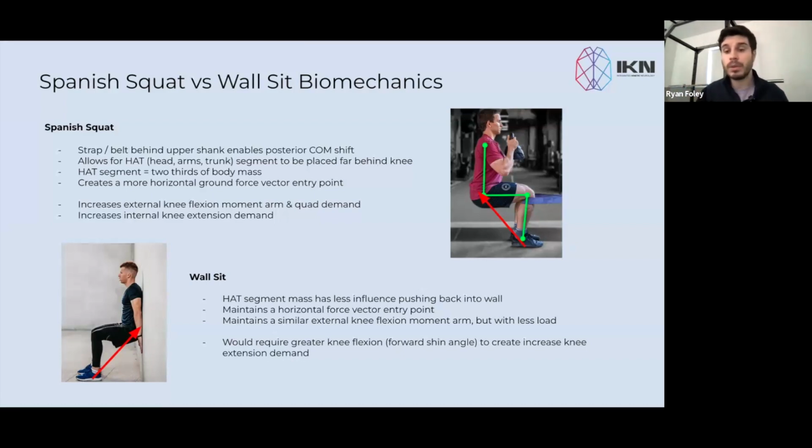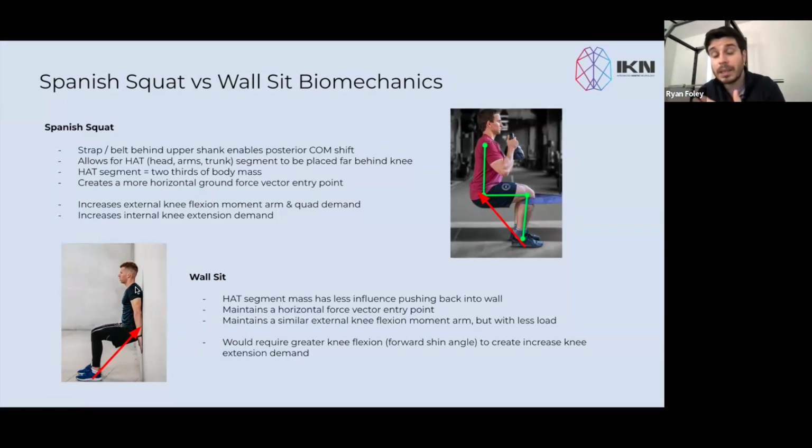So now let's compare this to the wall sit. The wall sit has very similar kinematic features, which is the position of the segments, the joint angles. So we have a vertical shin, we have the knee at 90 degrees, we have a head, arms, and trunk that are positioned posterior to the knee joint.